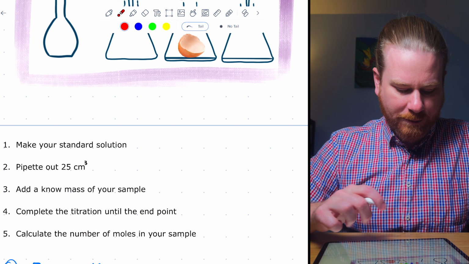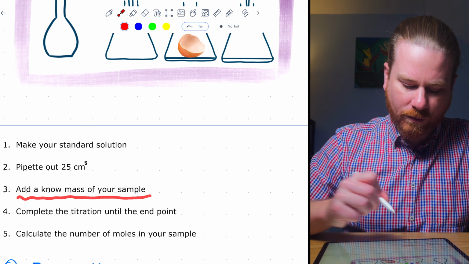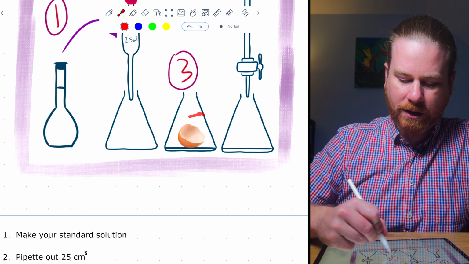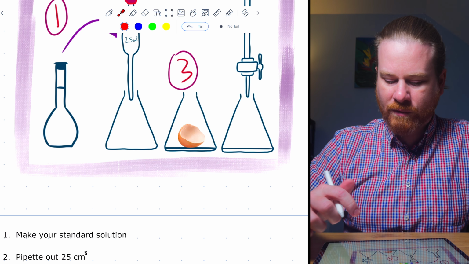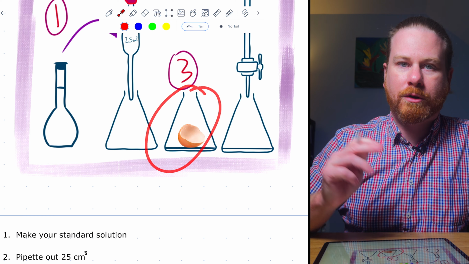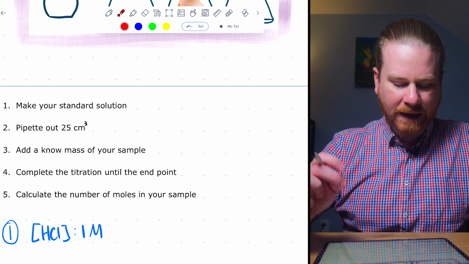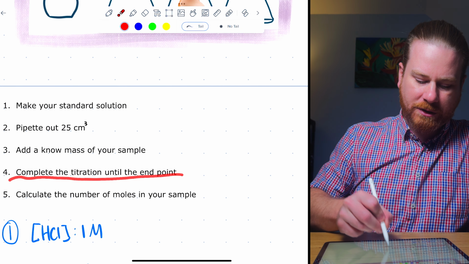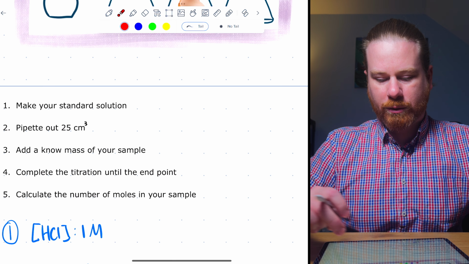Then your third step is to add a known mass of your sample. In this case, we're going to be using an eggshell, so you're going to know how much eggshell is going into your conical flask. Then the next steps are similar to before: complete the titration until the endpoint.